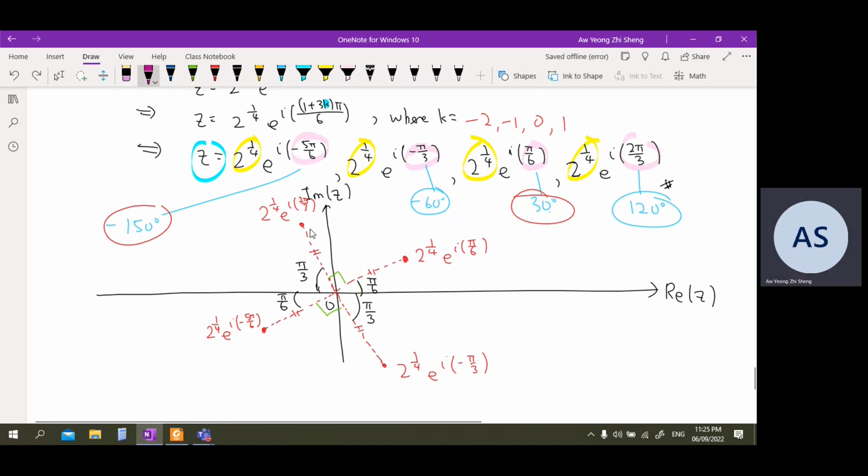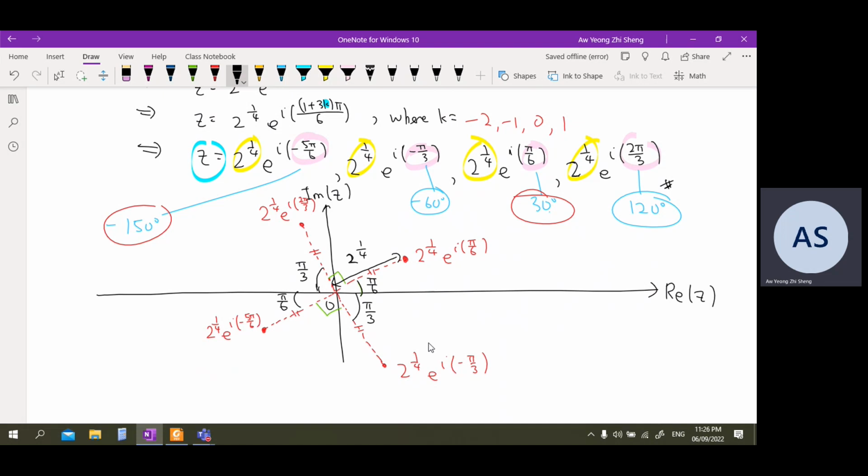Okay, and by the way, I think it would be good to just label this as 2^(1/4), so that people will know this length represents 2^(1/4) units away from the origin. Right, so our diagram is done actually. For the second task, show the roots in an Argand diagram, this diagram is now complete.